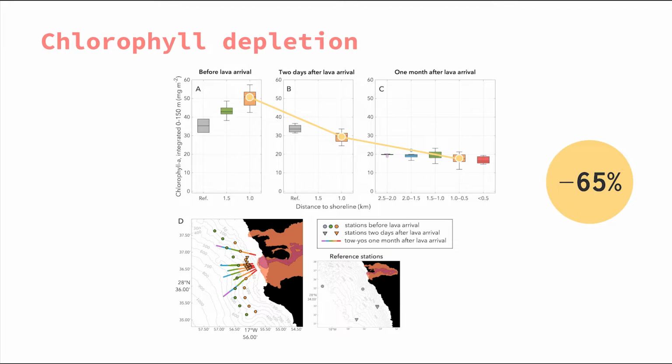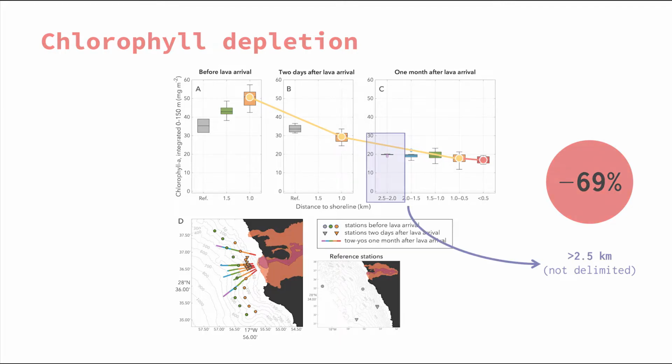And if we go to the red box, which is even closer to the lava delta, this increases up to a 69% decrease. This means that almost 70% of the chlorophyll that was present in the water before the eruption disappeared, even 1 month after the eruption.